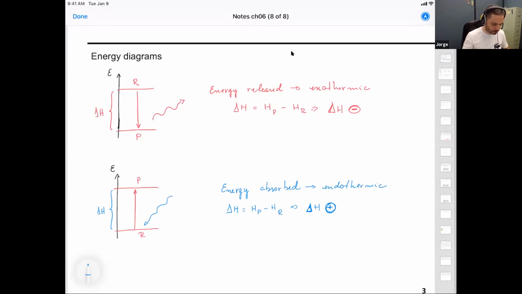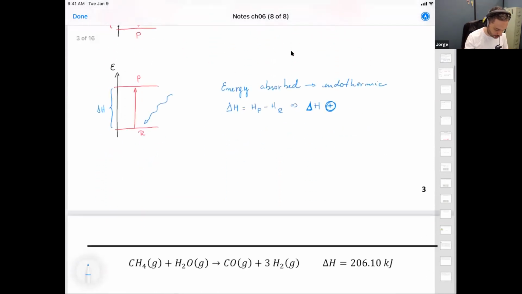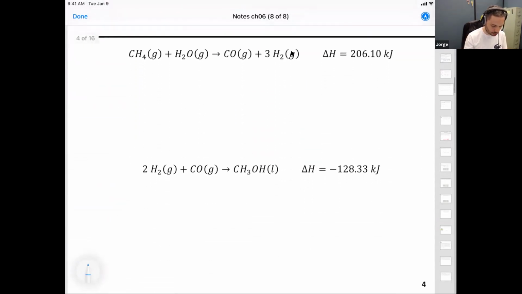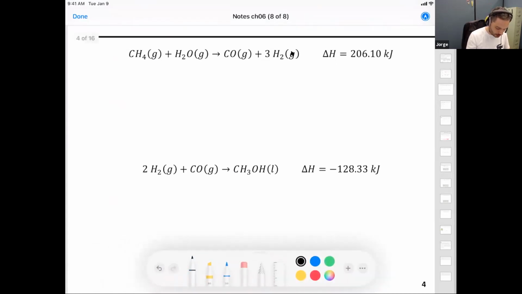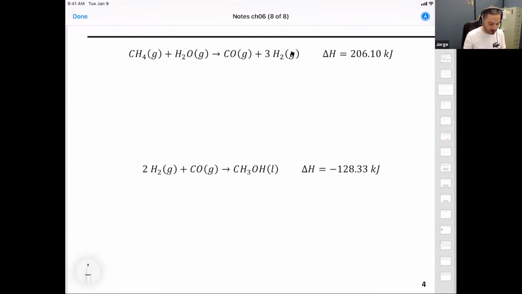Okay, to finish today, I just want to show here two examples of two chemical reactions. In the first case, we have methane, CH4 gas, reacting with water in the gas state. And this reaction will produce carbon monoxide and 3 moles of hydrogen gas. And the delta H for a reaction is always going to come after the last product.